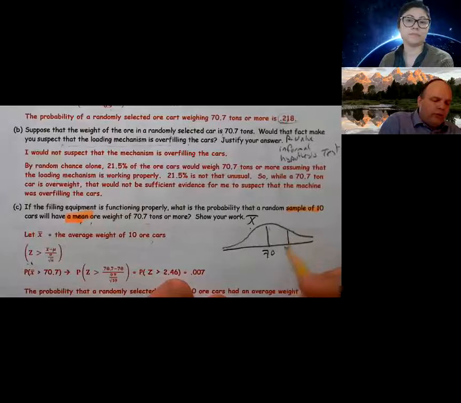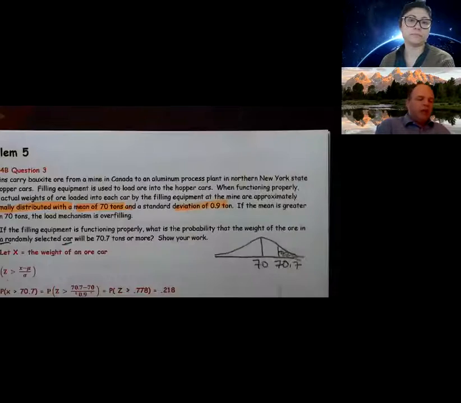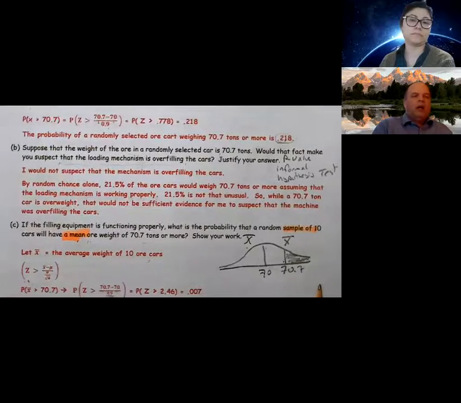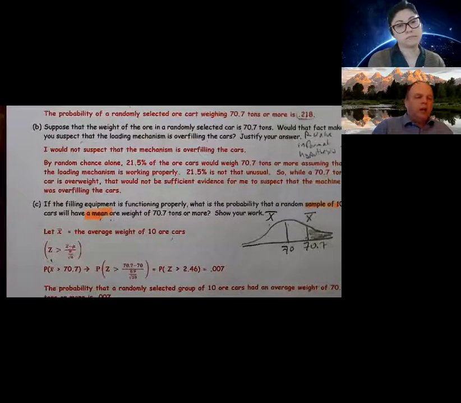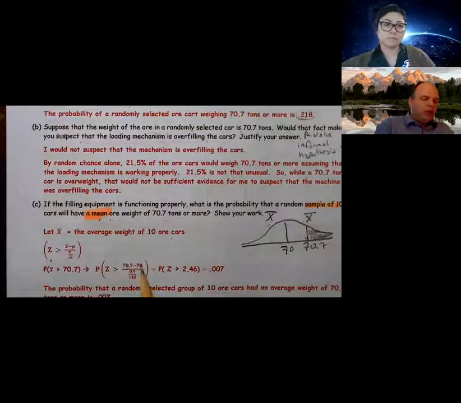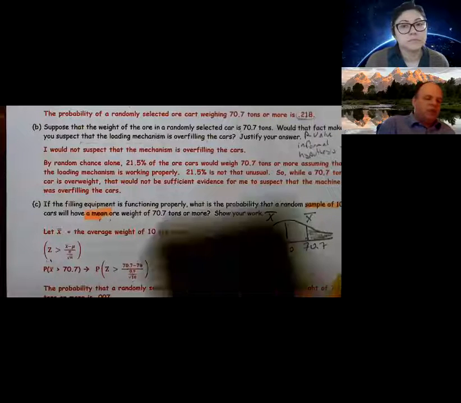This is still 70.7, but this is no longer x, this is x bar. I'm looking for this area, but it's the same as what we had here, except this was an x, and this one is an x bar. So when I plug in, I'm plugging in 70.7 for my x bar, 70 for my mean, and 0.9, and we have to adjust for sample size because we're talking about the distribution of means.